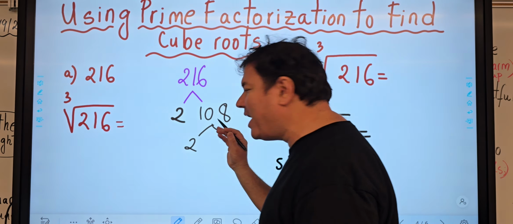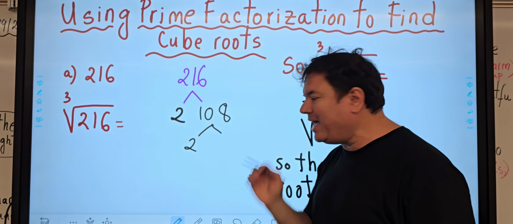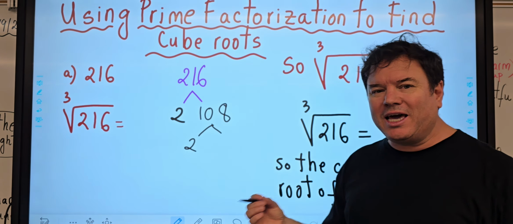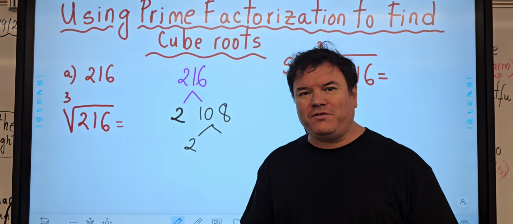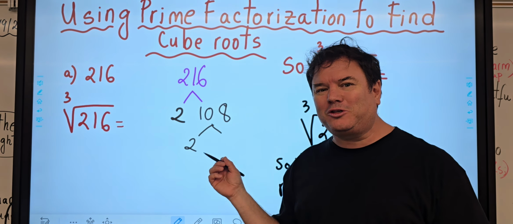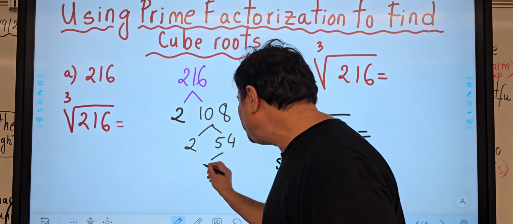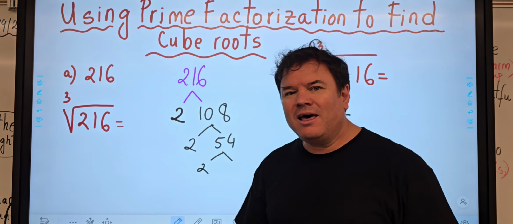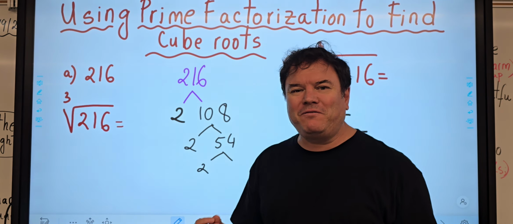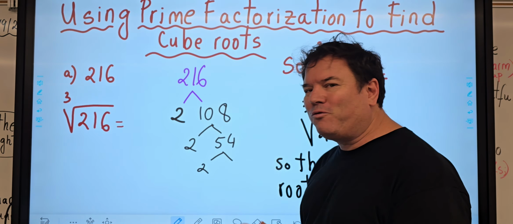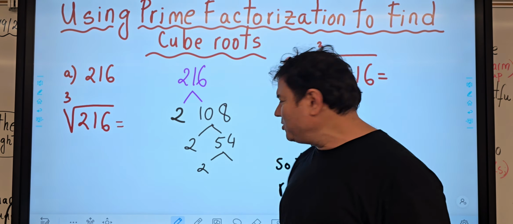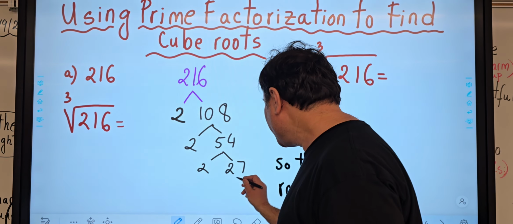Again, we can divide 108 by 2 because 8 divides by 2. Half of 100 is 50 and half of 8 is 4, so the answer is 54. Let's continue with the 2 again. Half of 54: half of 50 is 25, half of 4 is 2, and 25 plus 2 is 27.